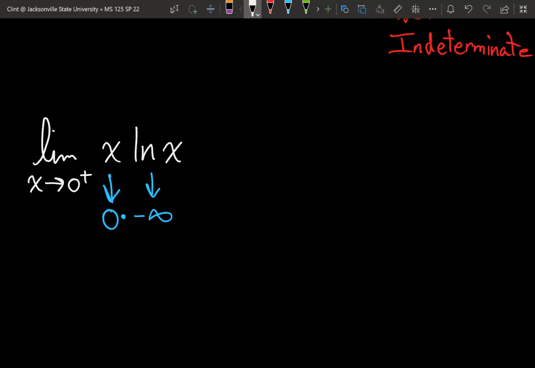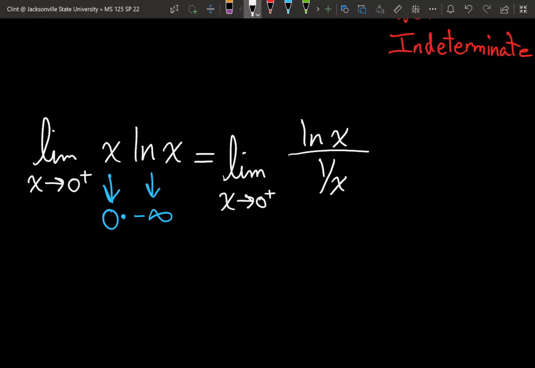The preferred way of doing this one would be to write ln of x, leave it on the top, and then we'll have x to the negative 1 in the bottom, which is 1 over x.